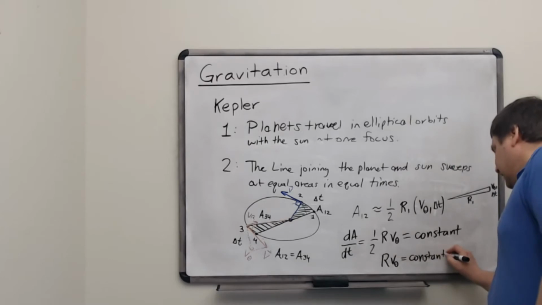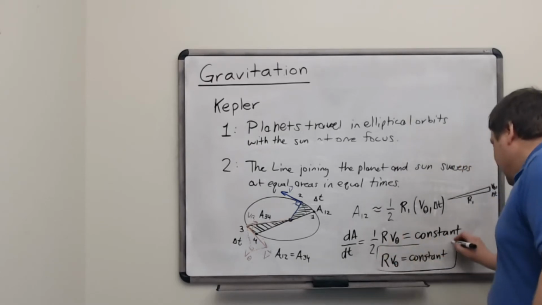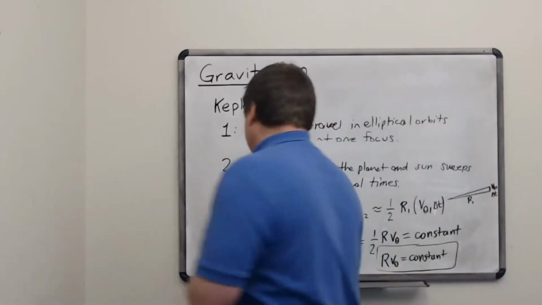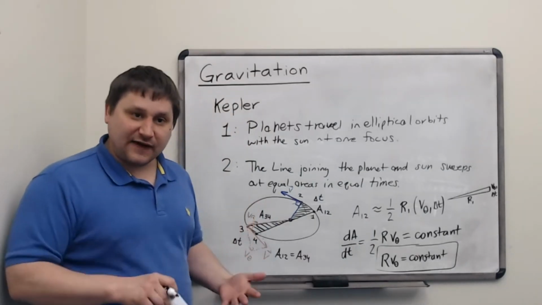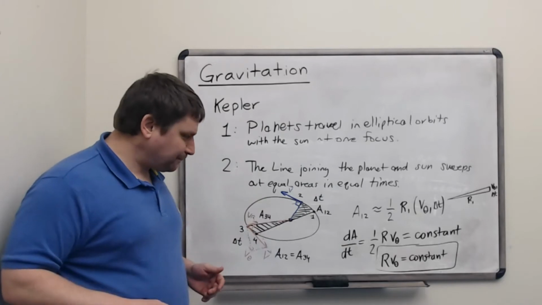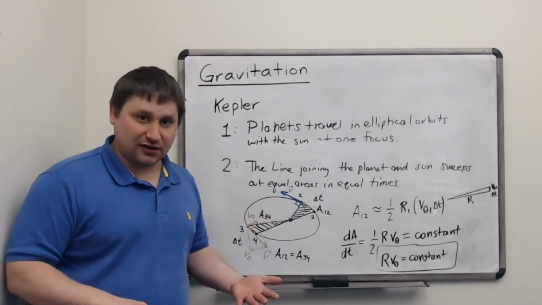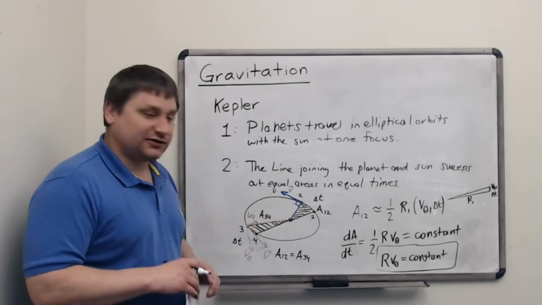It just makes the constant different. And so we can mathematically interpret Kepler's law as a statement that says the instantaneous radius value of the planet multiplied by its tangential component of velocity is equal to a constant.